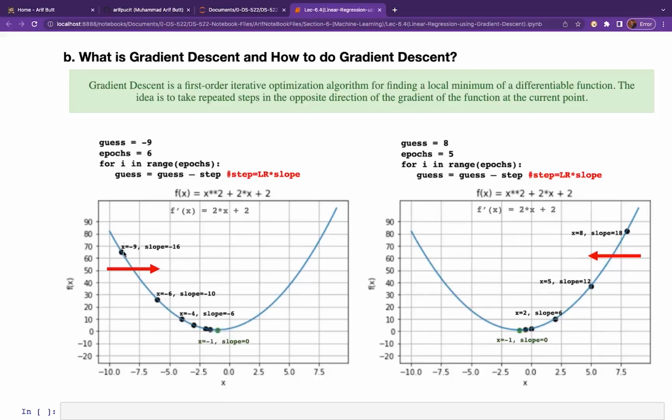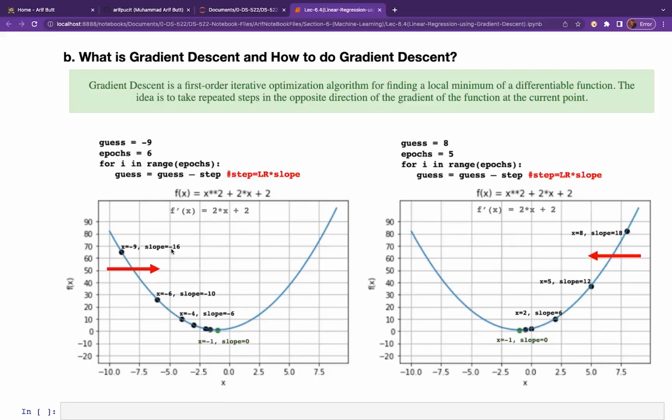We start with a random guess. Let's suppose x is equal to minus 9. Then we calculate the slope of this function at this point. The derivative of this function is 2x plus 2, and by substituting x is equal to minus 9 in it, we get a slope of minus 16.